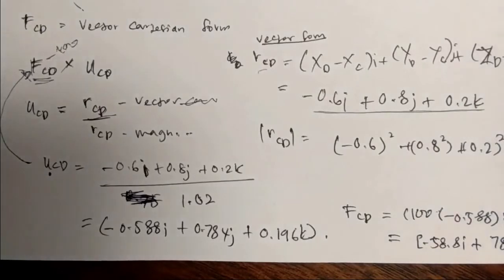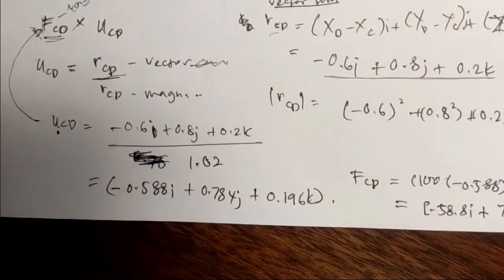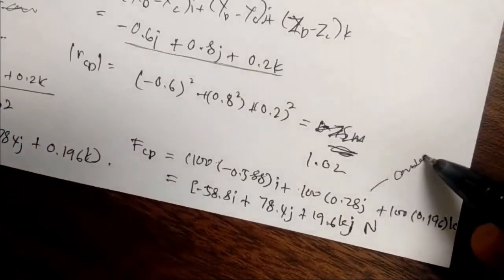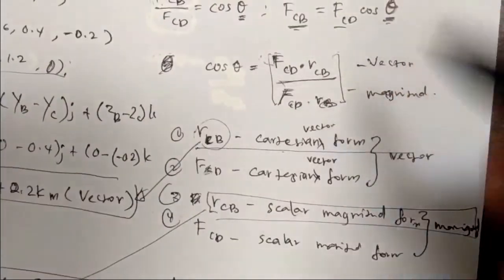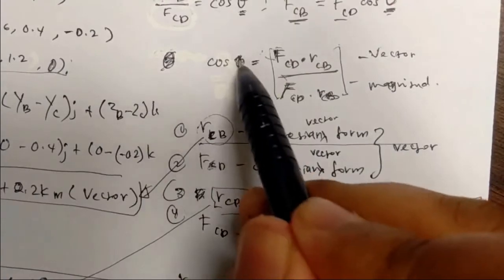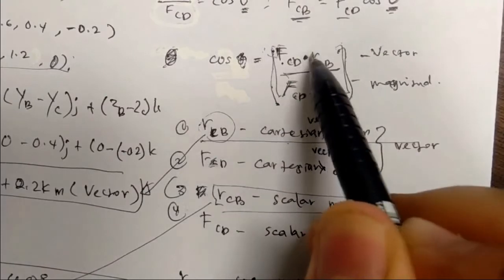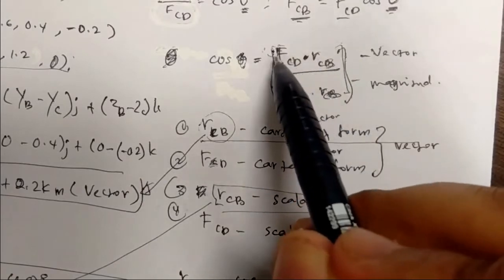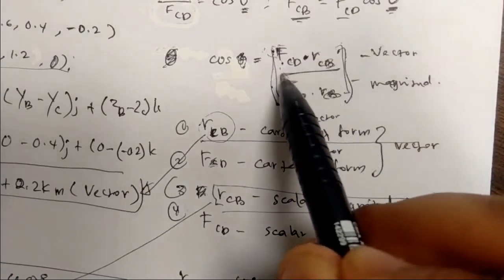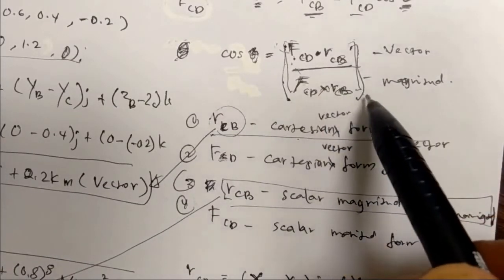Okay, so now you have the FCD in Cartesian form. So let's look at the formula here. Your aim is to get the theta, right? So using this formula, FCD in Cartesian form dot product with RCB in Cartesian form, dot product because you want to multiply two Cartesian forms, which are FCD and RCB, divided by FCD in magnitude form multiplied with RCB in magnitude form.